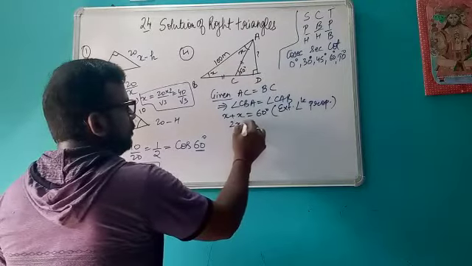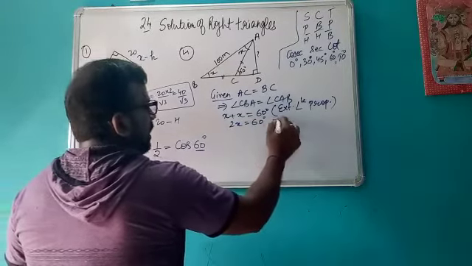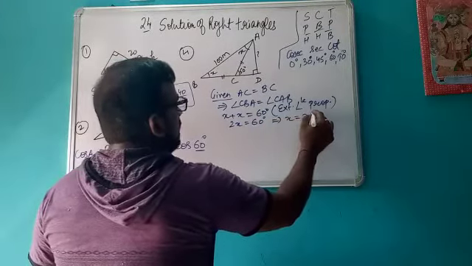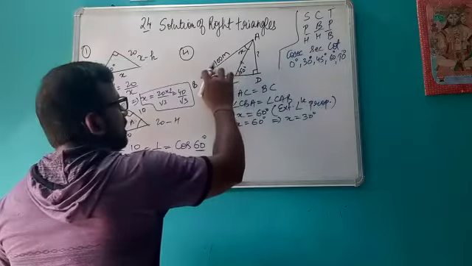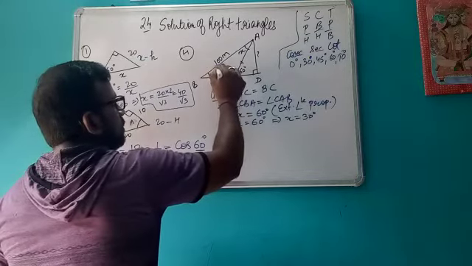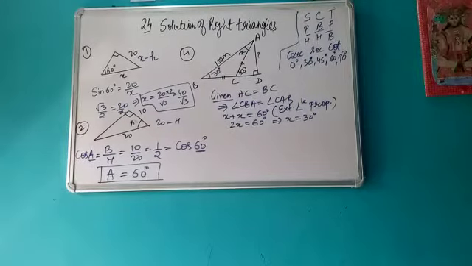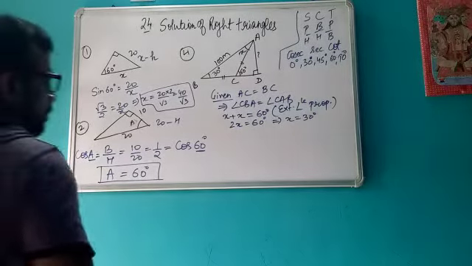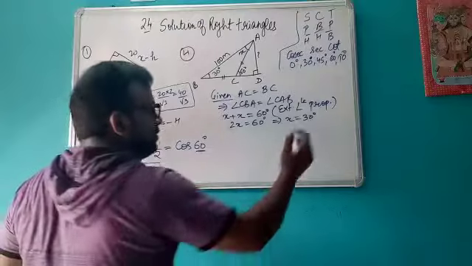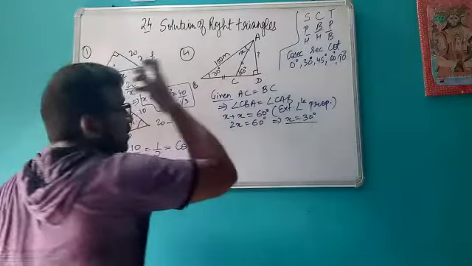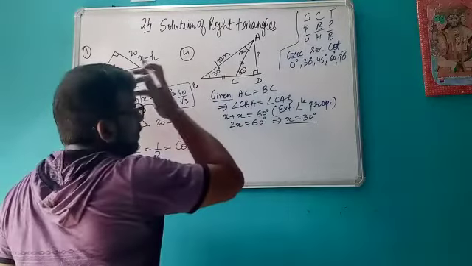So from here you will get x equal to 30 degree. That means this angle is now equal to 30 degree. So this value we will use now. And how we will use?